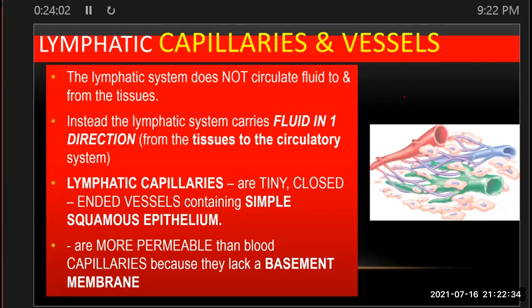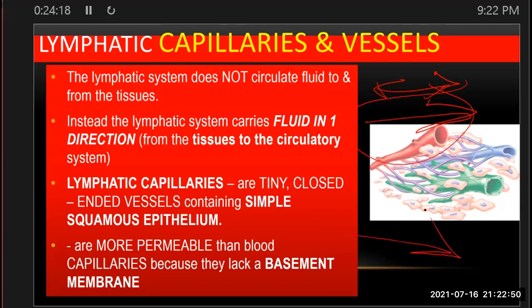So the lymphatic capillaries and vessels: the lymphatic system does not circulate fluid to and fro. It's not back and forth, but it is a one direction movement, because of the presence of valves in the lymphatic vessels.